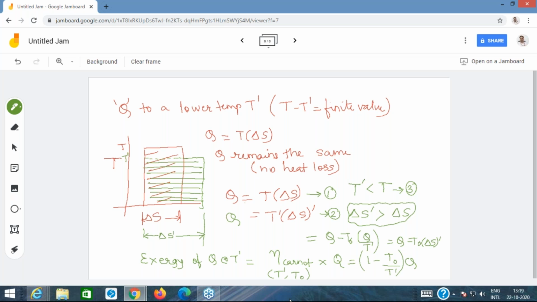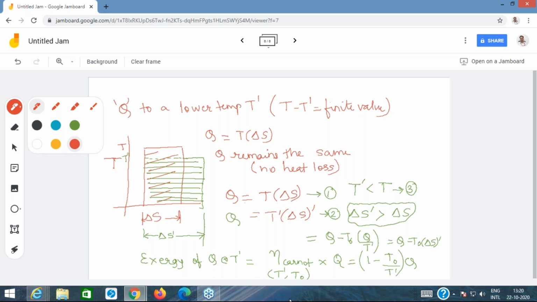If you look at these two expressions, the exergy Q minus T naught delta S and the exergy Q minus T naught delta S dash, what do you find from the comparison?